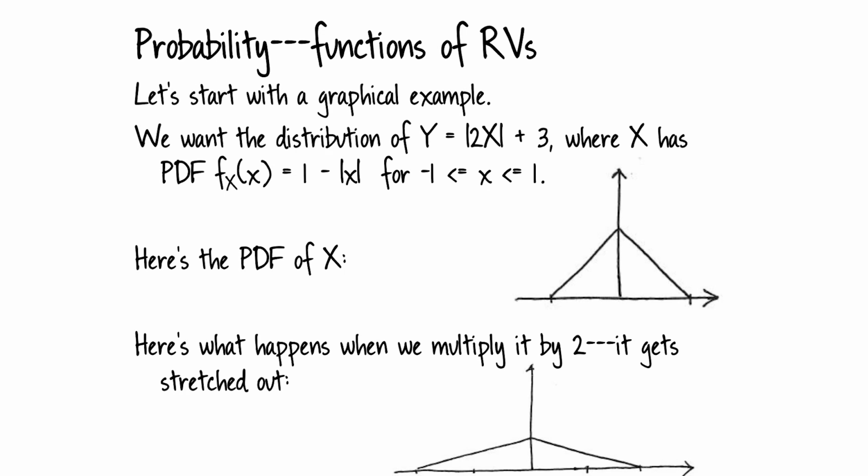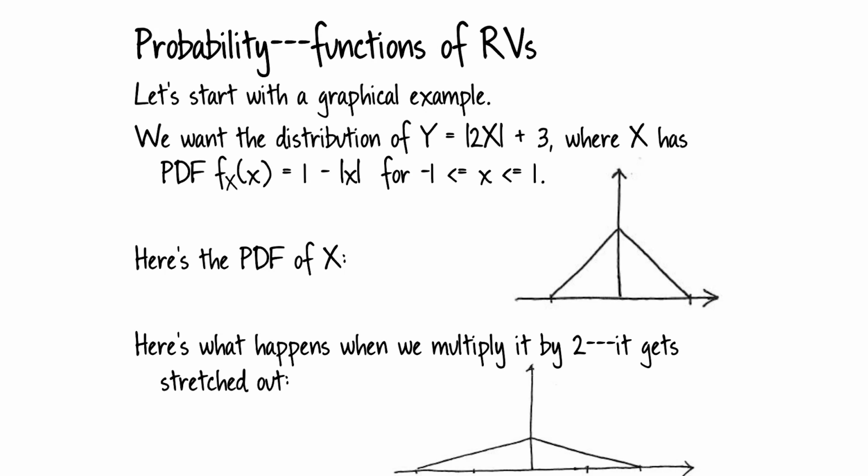Okay, so I'll give you, probably next time, specific information about how you figure out the distribution of functions of random variables in different situations. But I think it's helpful to start with a graphical example where we just do it intuitively.